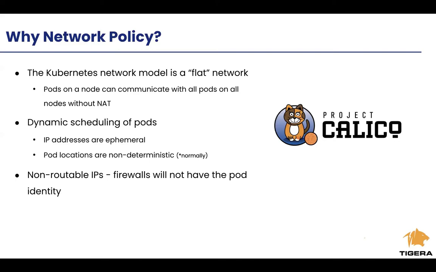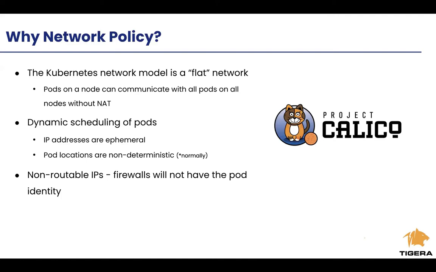And in many cases, not always, those IPs for pods are non-routable within your environment. That means they're only locally significant to the cluster. So therefore, for the firewalls in between, if you have any perimeter firewall capability, the IP addresses of the pods are not going to make a lot of sense, let alone that most likely they're going to be NATed out of the cluster.